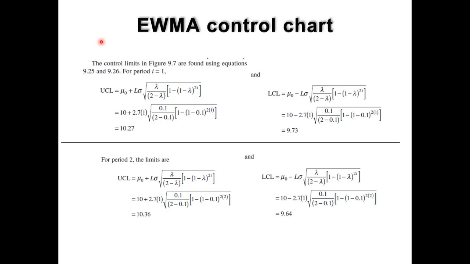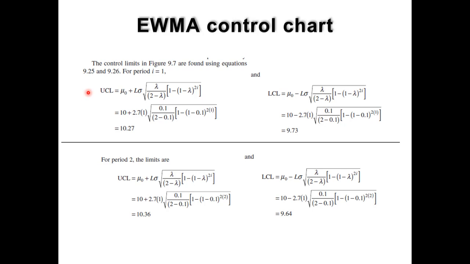Now let's look at how we can compute the control limits. Remember, as I told you earlier on, the respective upper and lower control limits for each and every observation are not the same, especially for the first few observations.